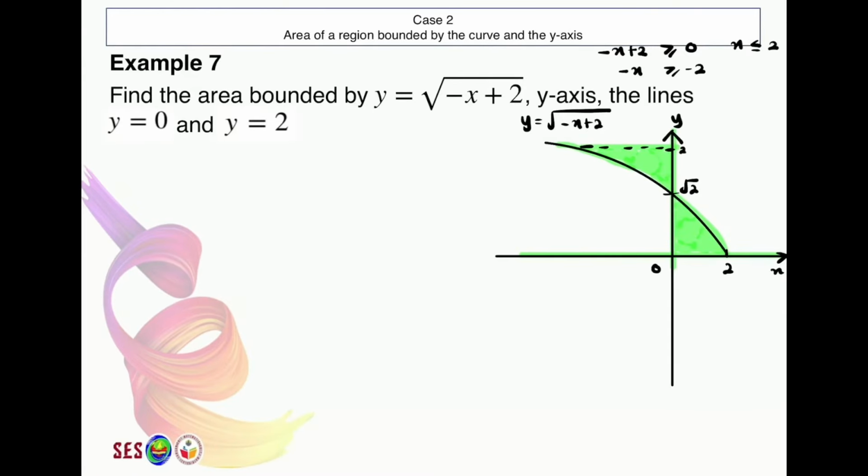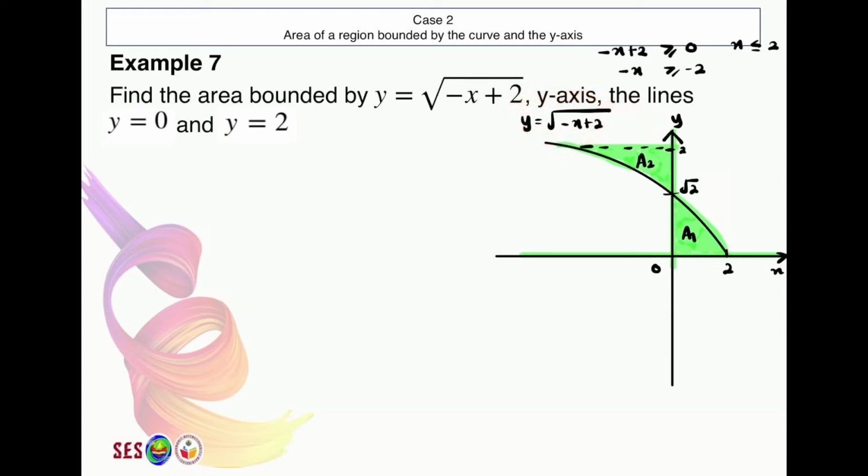Okay, so now we have two highlighted areas, so we can label them area 1 and area 2. So we'll find area 1 and then add area 1 with area 2 to get the total area bounded by the curve and the other boundaries. Right now, if you notice, your function is in terms of x.